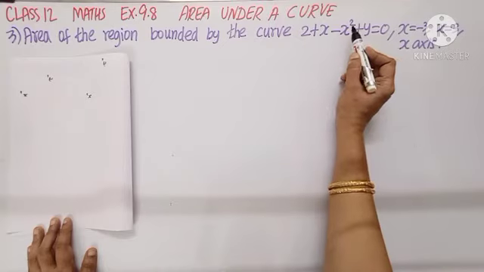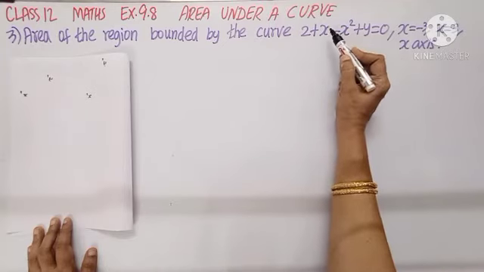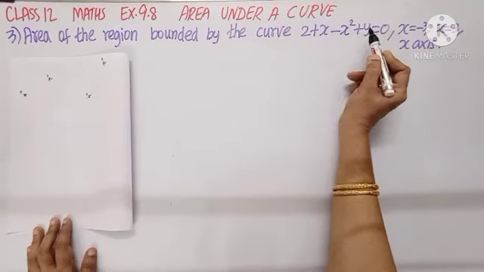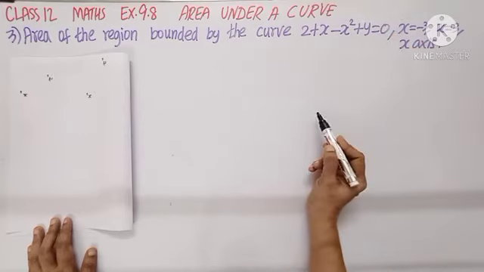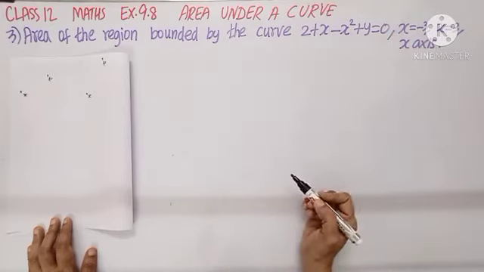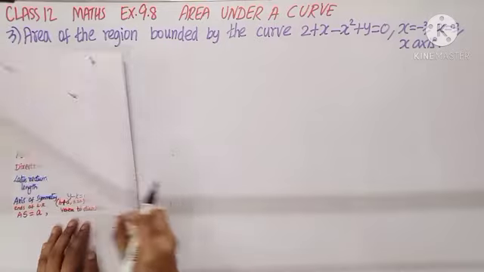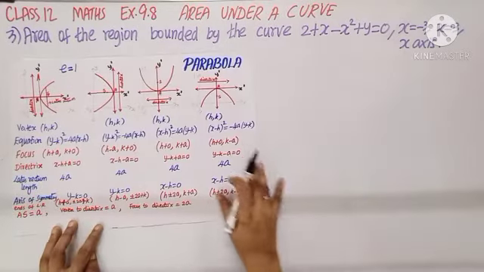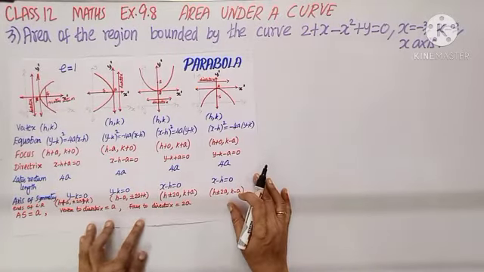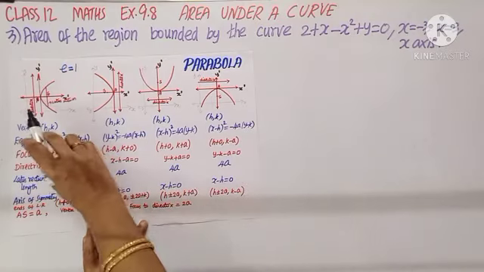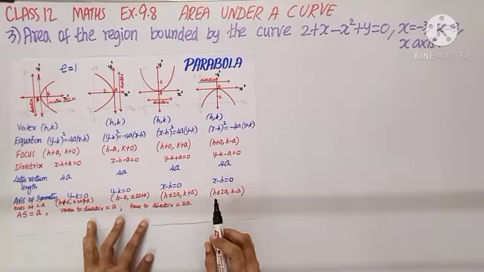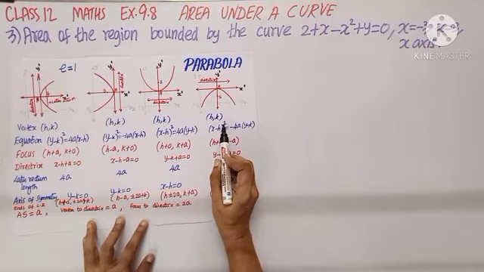We have square only for x and y is having single degree. Such type of curves we have seen in parabola. Remember, we have learnt in two-dimensional geometry 4 types of curves.